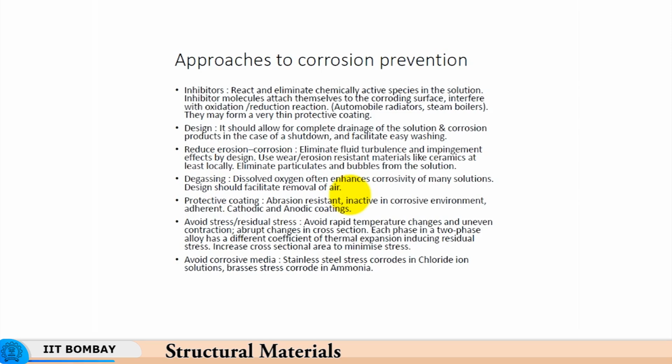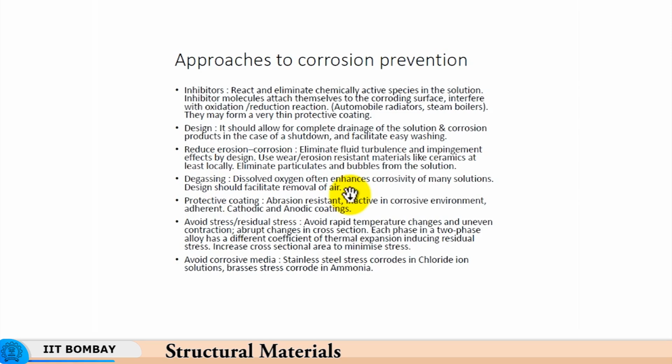Since it has a very large surface area, it will get corroded very slowly, but even if there is a scratch in the zinc coating and the steel surface gets exposed, still it will tend to behave anodic in nature, and that is why anodic coatings become highly desirable.